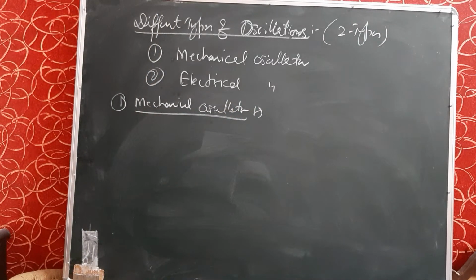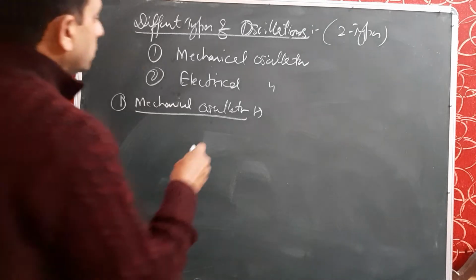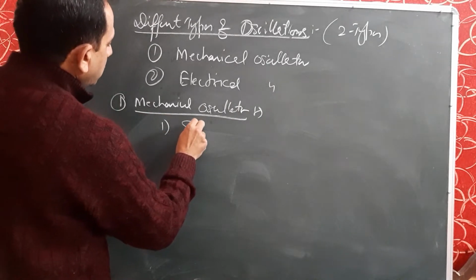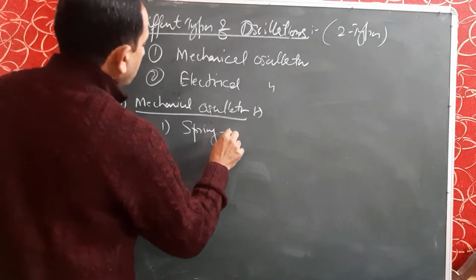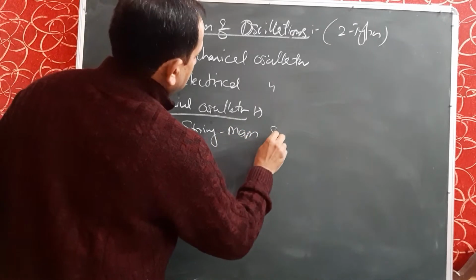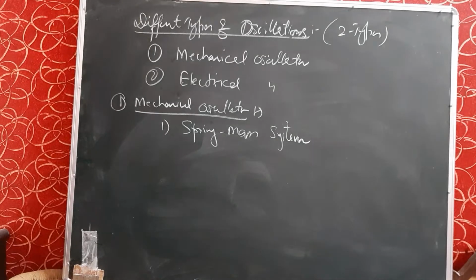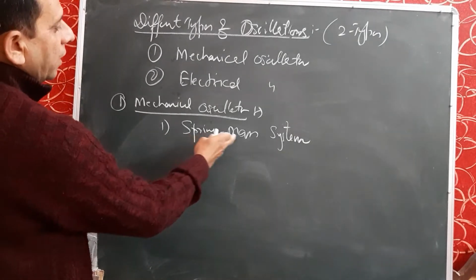So we will study three mechanical oscillators in this chapter. First one is the spring mass system or spring mass oscillator. So it consists of spring and mass.